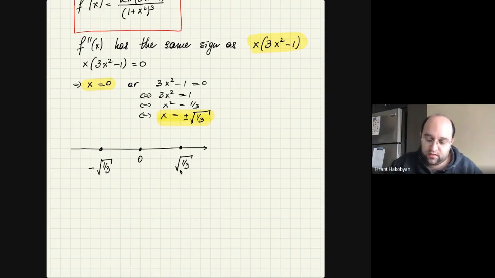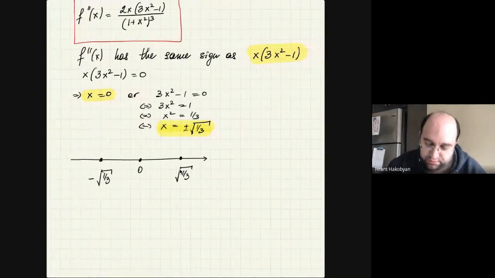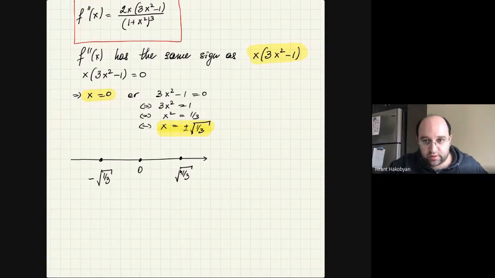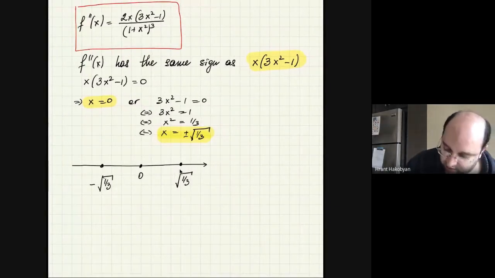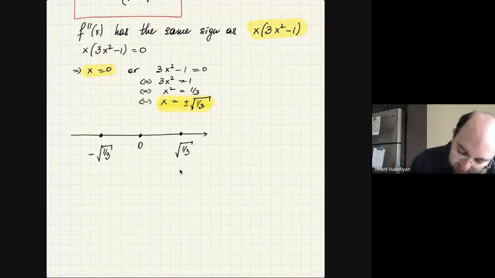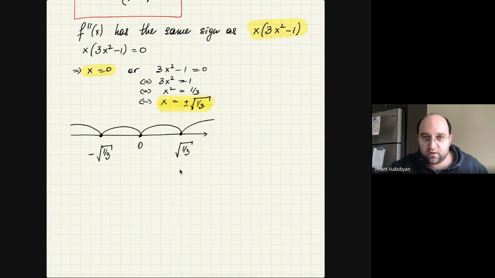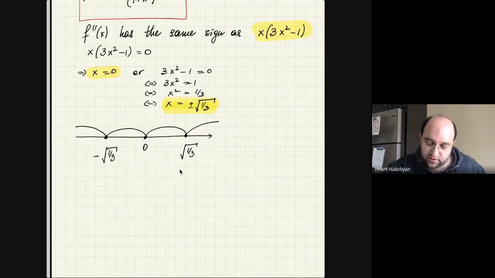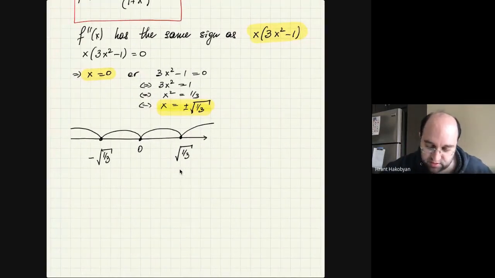Okay? And as usual, we have to pick numbers to figure out where this thing is positive or negative. So we have now how many intervals? We have this, that, that, and that. So we have 4 intervals here.